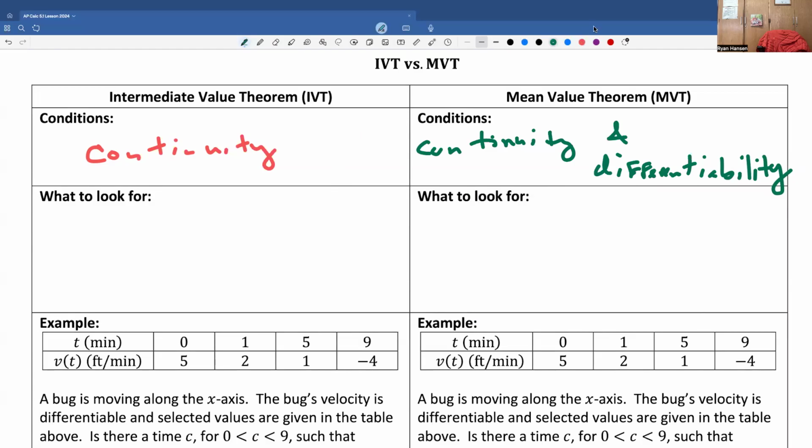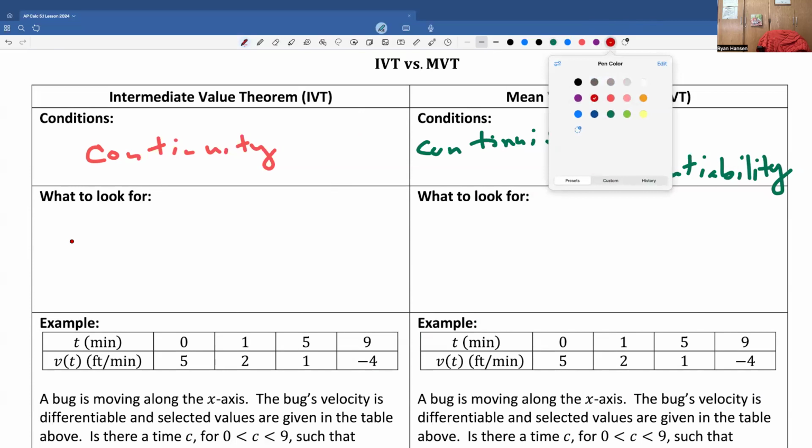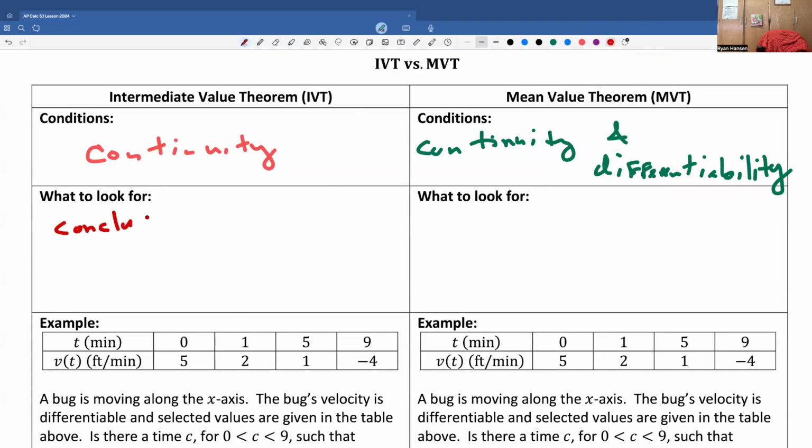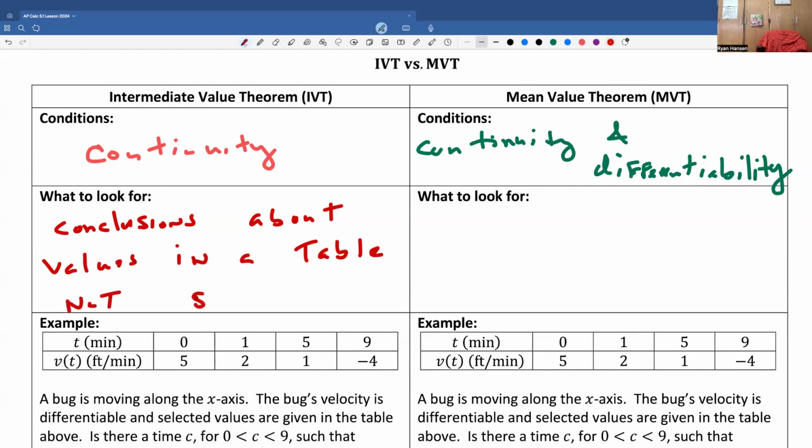Okay, what are some of the tells on an intermediate value problem? It's mostly going to be conclusions about values in a table that are not shown. That's a tell of when to use this.